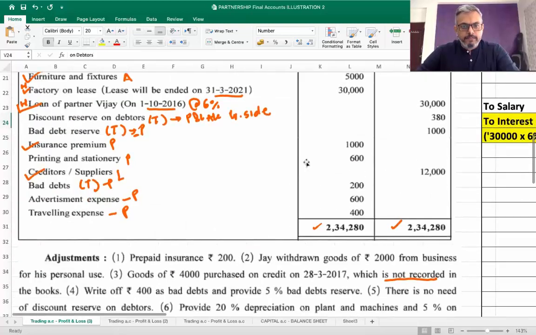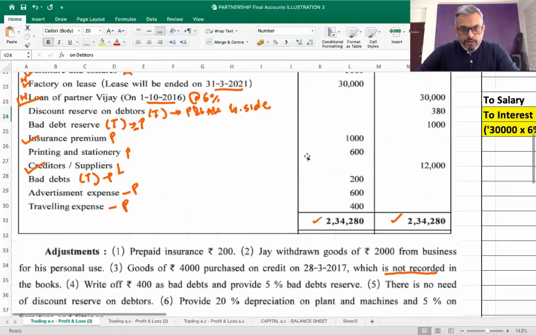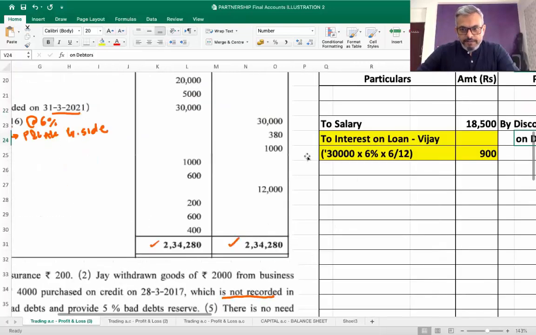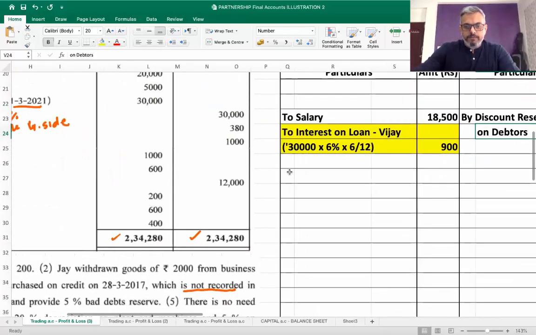Next, bad debt reserve as per trial balance. So we make our format now.